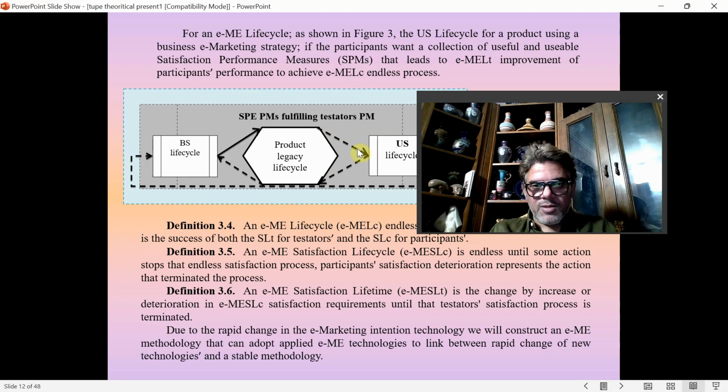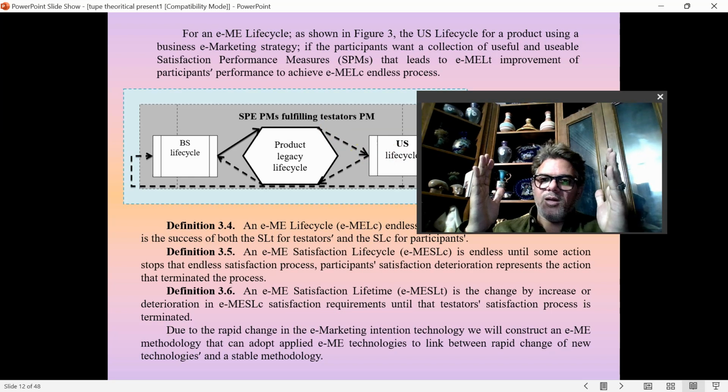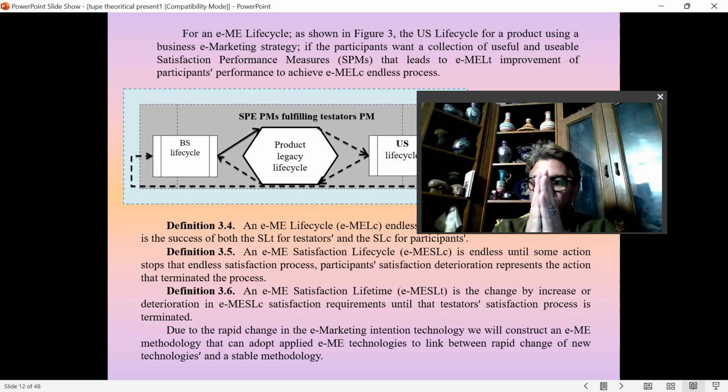So this is the user satisfaction. This is the product satisfaction. If I want to clap, I have to enforce each other. Okay. So my input will be a performance evaluation coming from the business product satisfaction lifecycle legacy. And it will have a function of multiplication with the user satisfaction lifecycle.